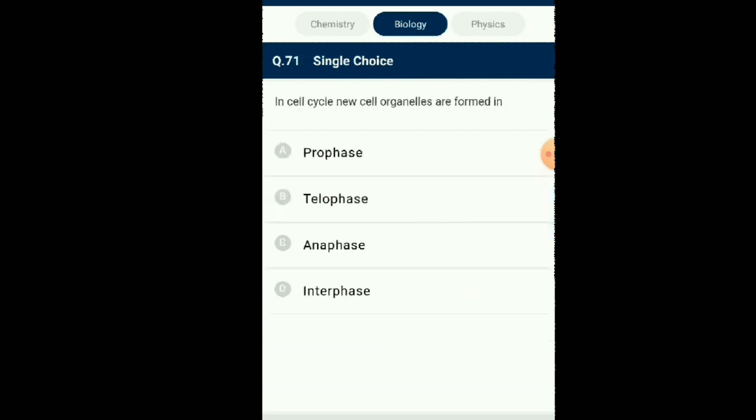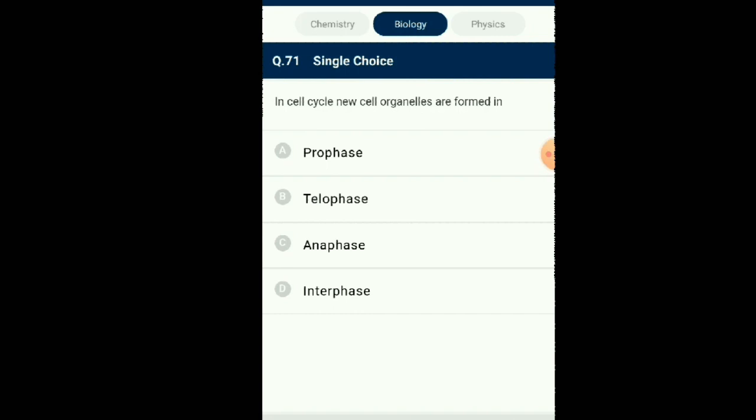Question number 71. In the cell cycle, new cell organelles are formed in the sequence of events by which a cell duplicates its genome, synthesizes the other constituents of the cell, and eventually divides into two daughter cells, termed the cell cycle. There are two main phases during the cell cycle: one is interphase and the other is the division phase.